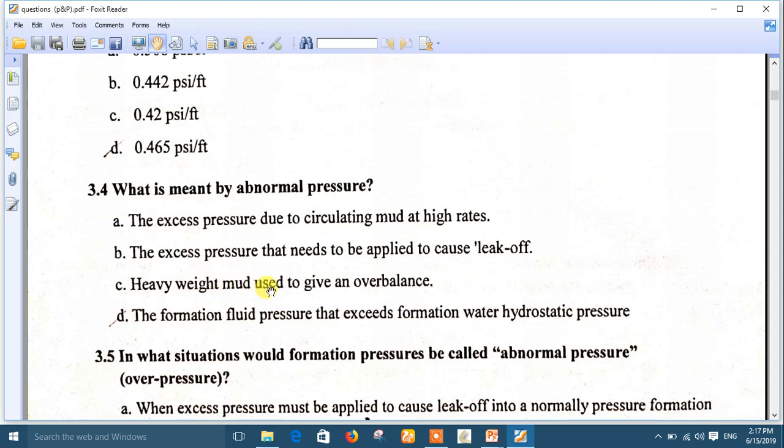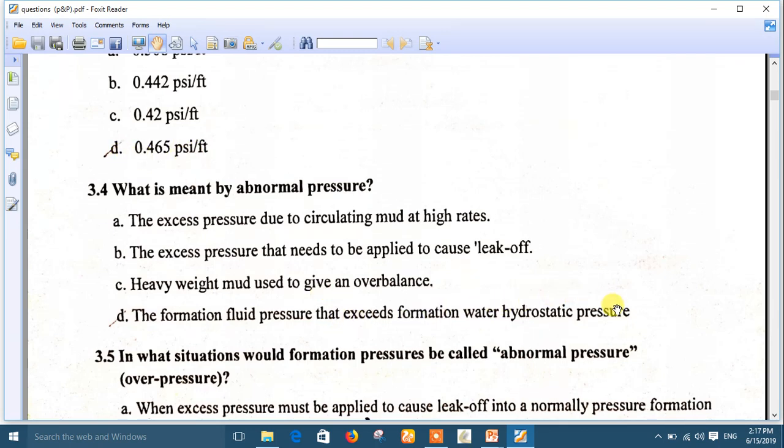C, a heavy weight mud used to give an overbalance. Also not the right answer. But D, the formation fluid pressure that exceeds the formation water hydrostatic pressure, is the right answer. Here the formation water hydrostatic pressure is the same as the normal gradient pressure.